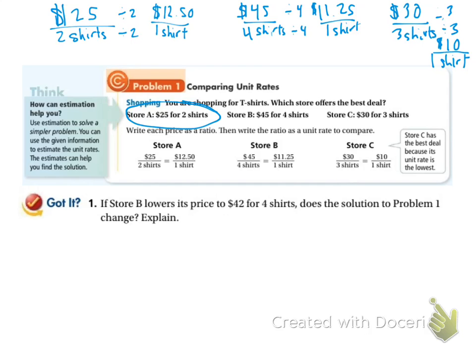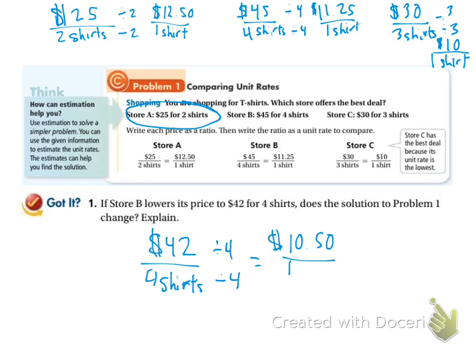Okay, store B lowers its price to $42 for 4 shirts. So now if I divide by 4, I get $10.50 for 1 shirt.